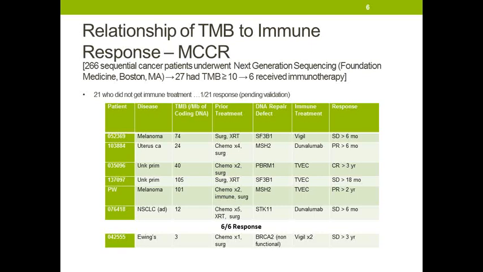As a child, you haven't had the amount of time to accumulate these passenger mutations, so you probably have a lower ratio of driver to passengers. Even though you have less of a total mutational burden, mainly because of the decreased number of passengers, you probably have a higher proportionate number of those mutations that are capable of producing a tumor-specific response.